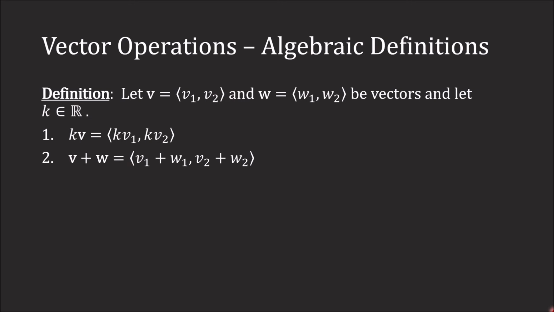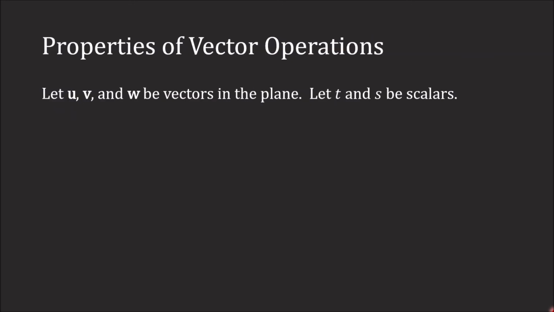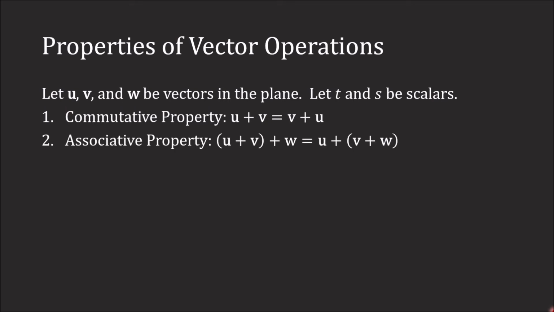Let's now look at some properties of vector operations. So we're going to have u, v, and w be vectors in the plane, and we'll let r and s be scalars. First, the commutative property for vector addition says that u plus v is equal to v plus u. In other words, the order in which you add vectors does not matter. Associative property, the quantity u plus v plus w is equal to u plus the quantity v plus w.